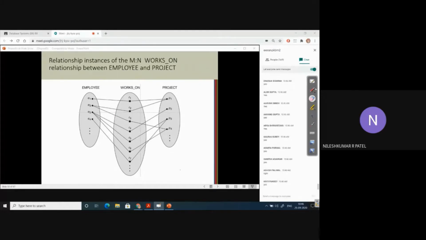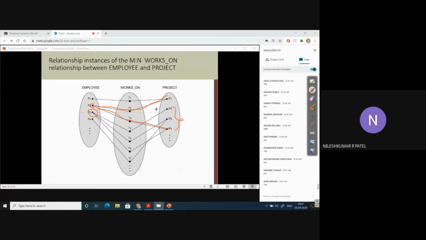That is why, as you can see, employee E2 is working on two projects, P1 and P4. Employee E3 is working on three projects: first P2, second P4, and P3 also.